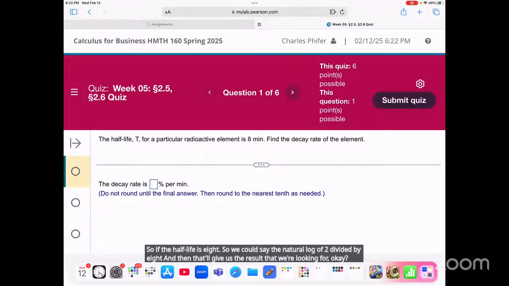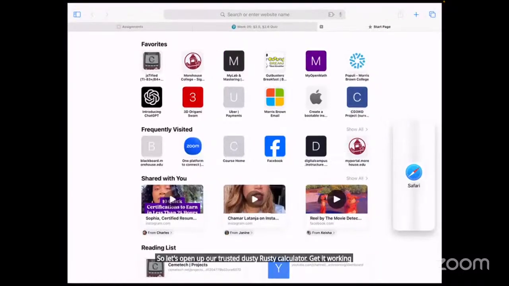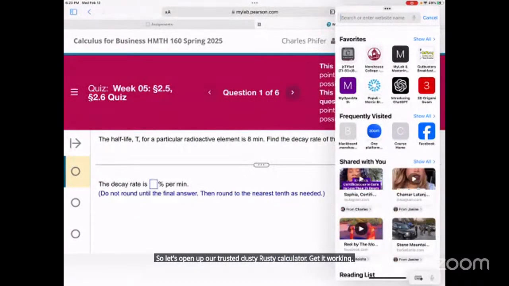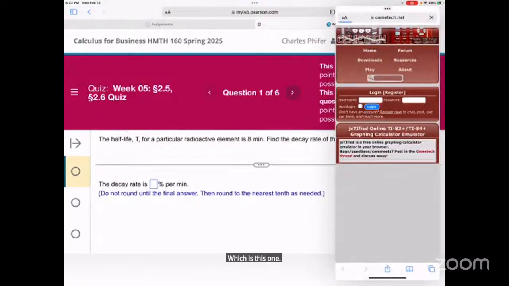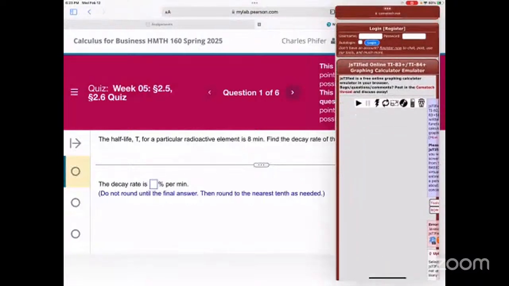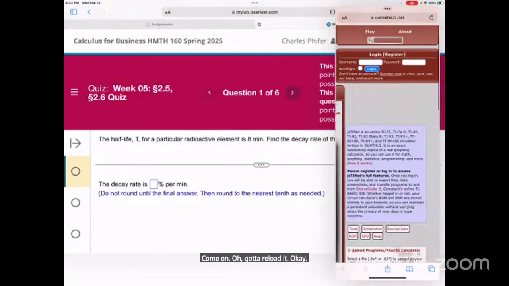So let's open up our trusty dusty rusty calculator. Get it working. Which is this one. Come on. Oh, I gotta reload it. Okay. Choose the file.